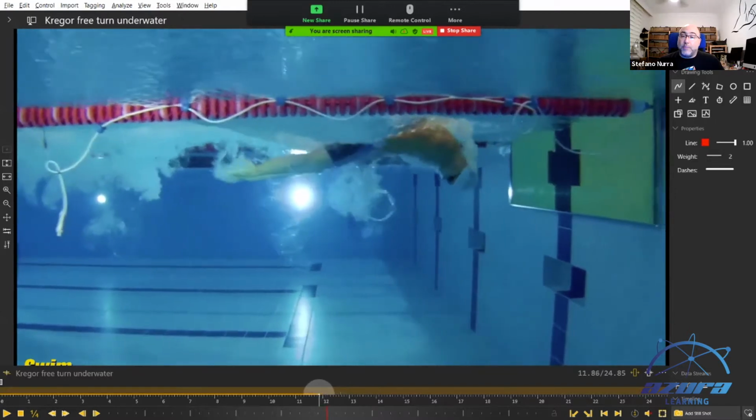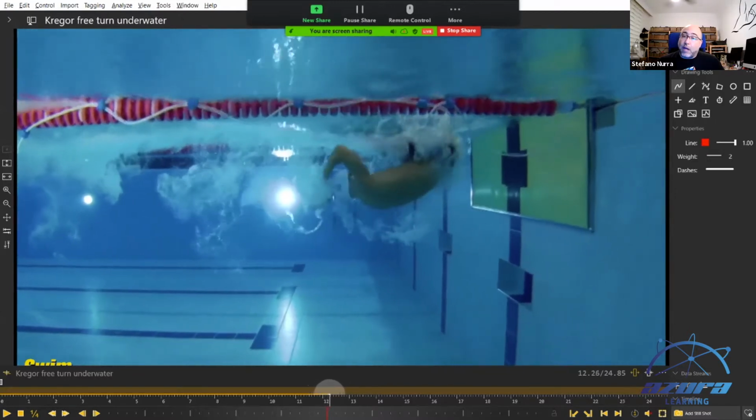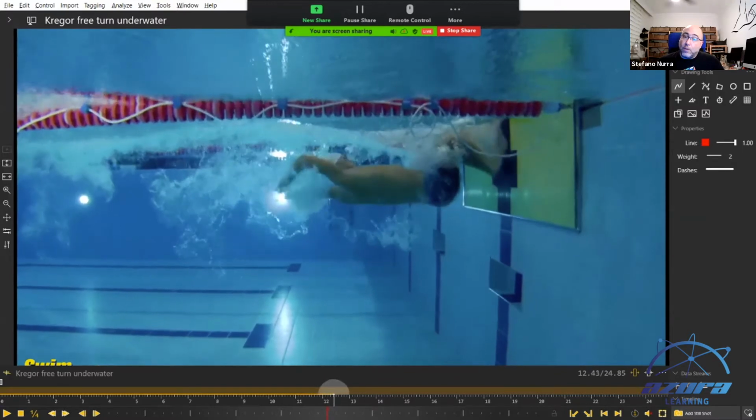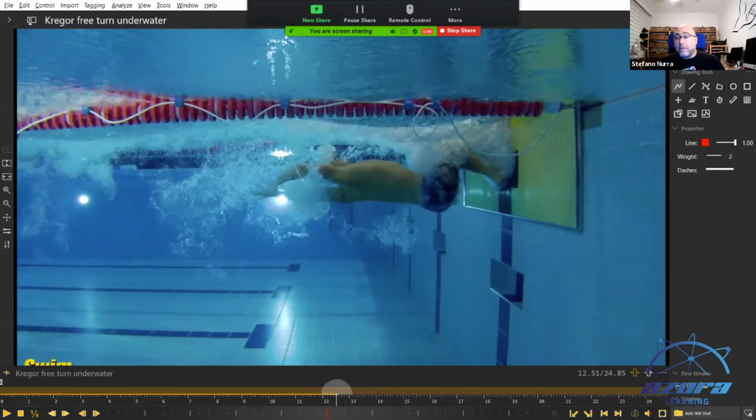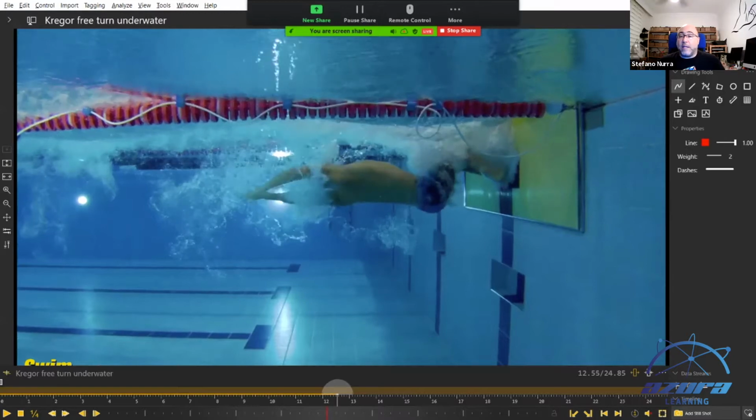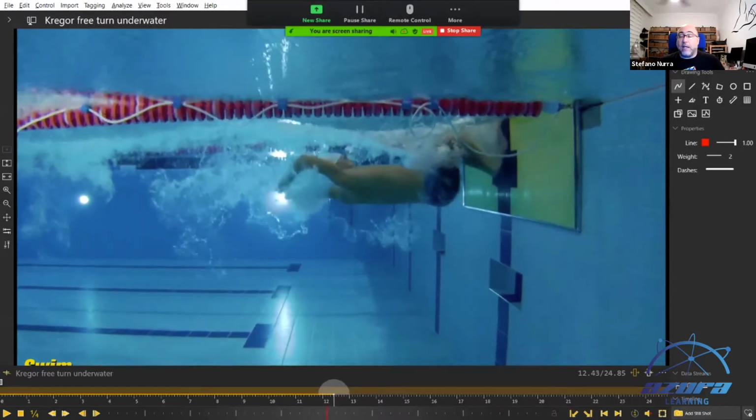So it's possible to rotate to arrive to the wall. This athlete isn't in a back position, but isn't on the side either. He's in the middle. So usually someone is coming and rotating like in backstroke. In this case, we don't have to rotate the hips in a different way, because the rotation is absolutely vertical.